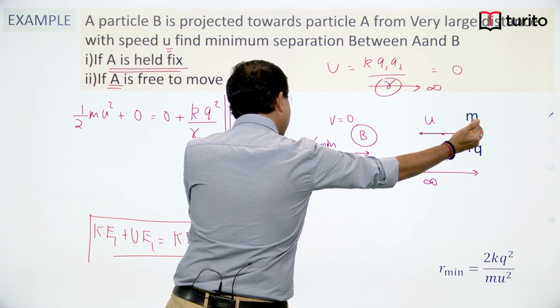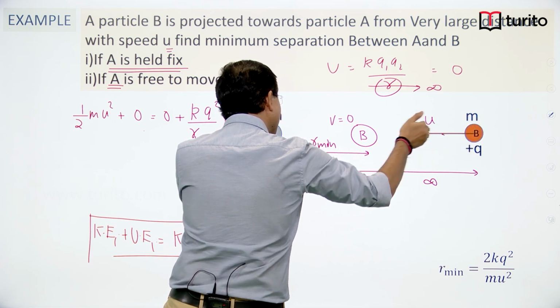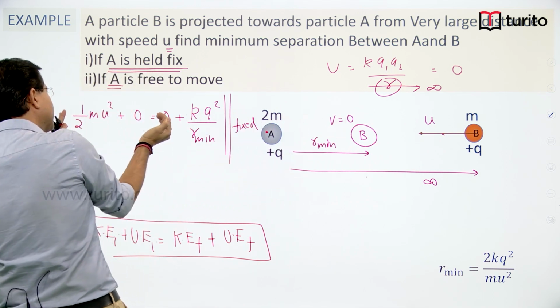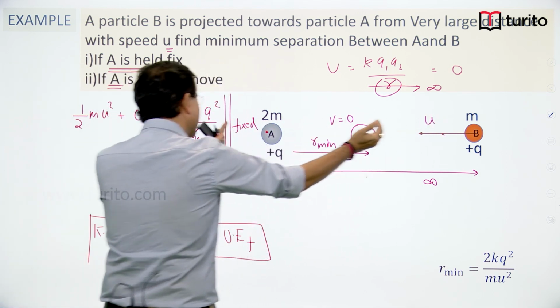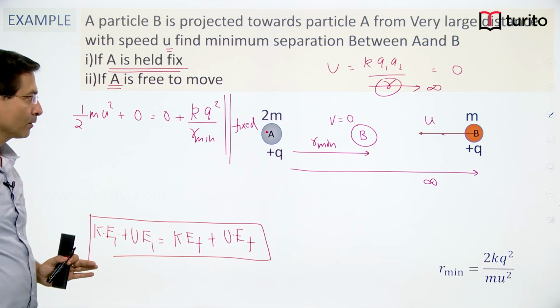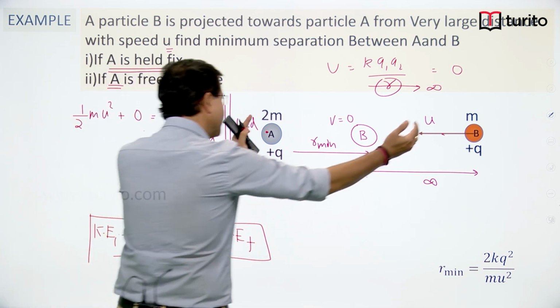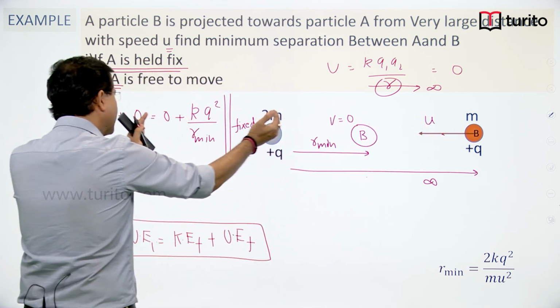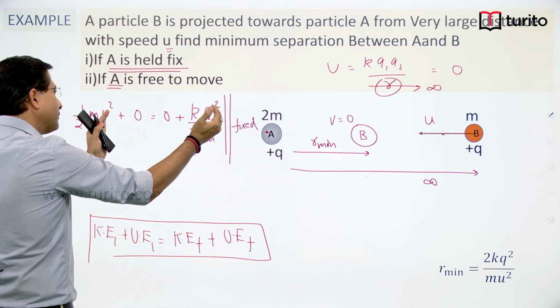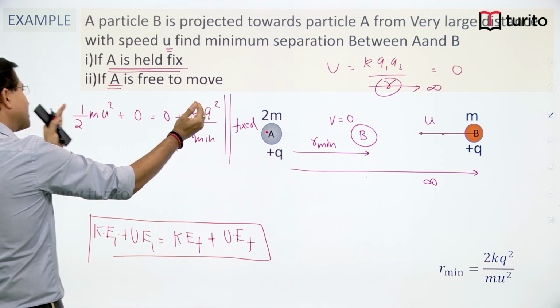As it starts moving from infinity with velocity v, the gap between these two will get reduced. There will be a point where the separation between them will be minimum, and after that the gap starts increasing further.